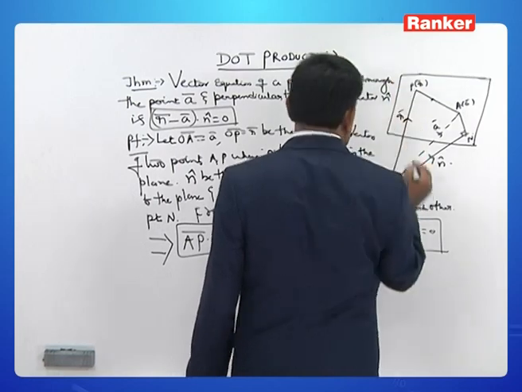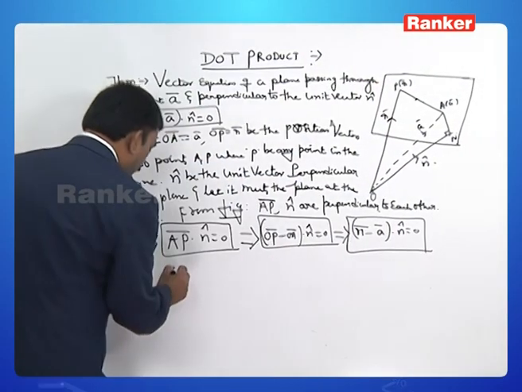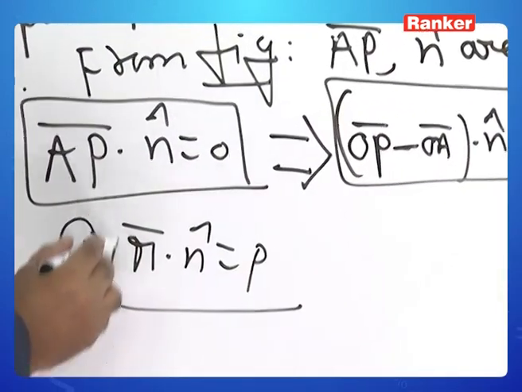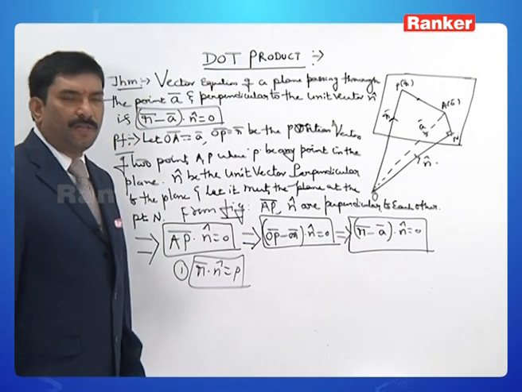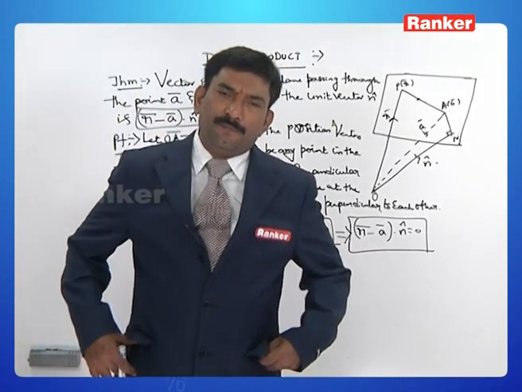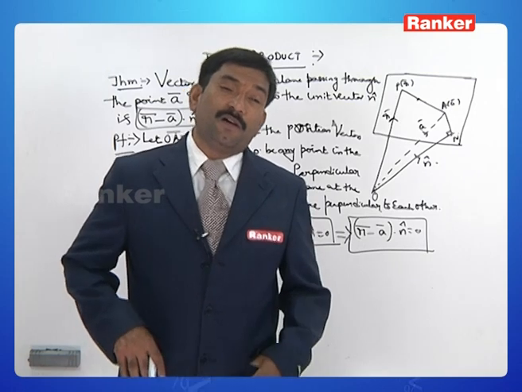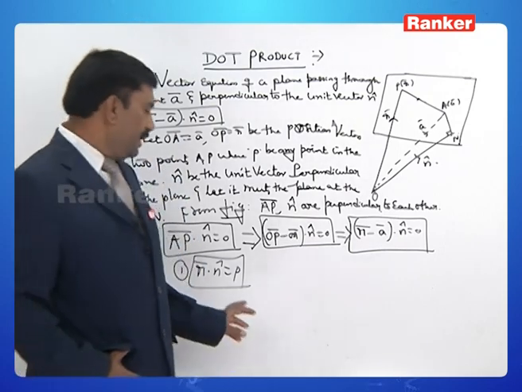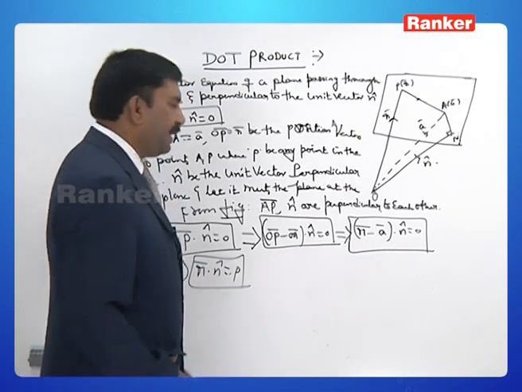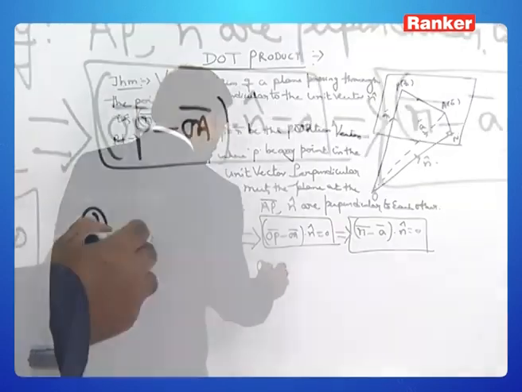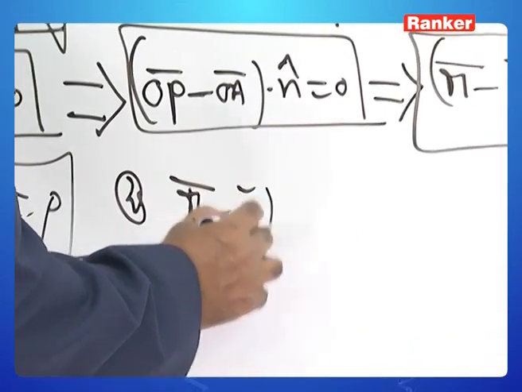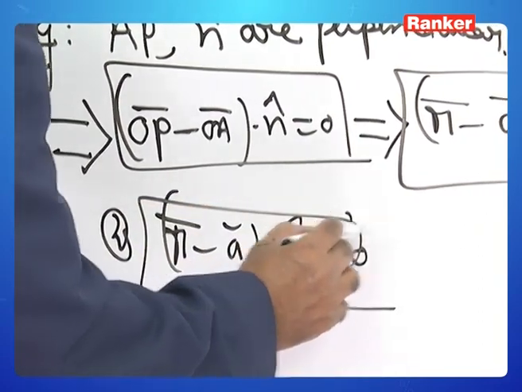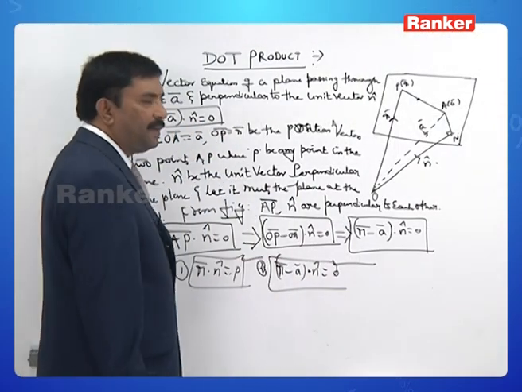First one is the vector equation of a plane where N cap is perpendicular to it and P is the perpendicular distance from the origin, given by R bar dot N cap is equal to P. Next, the second one is R bar minus A bar dot N cap is equal to 0. This also represents a plane equation.